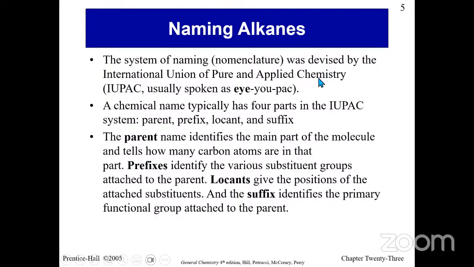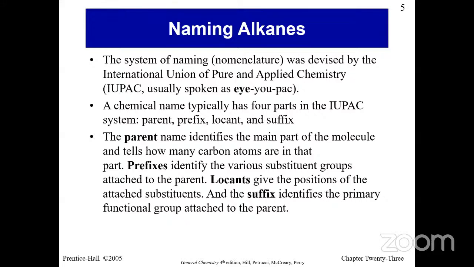This is an international organization, and there's a division responsible for naming all compounds. Of course, there's a special set of rules for naming organic compounds, and we're going to follow the rules as outlined by this organization.